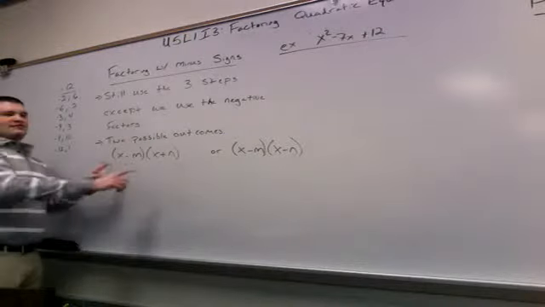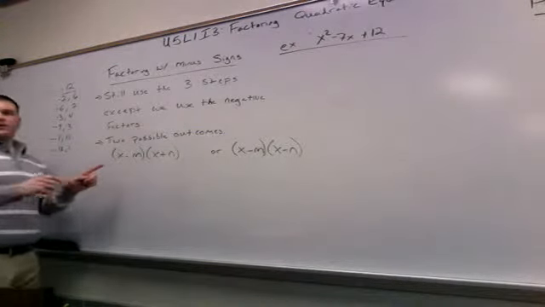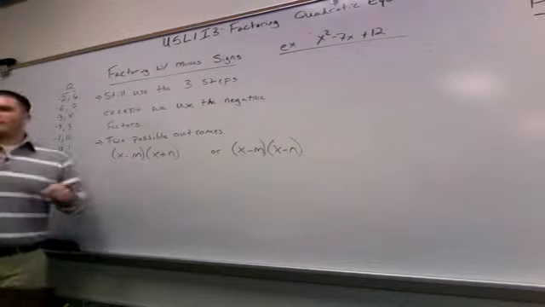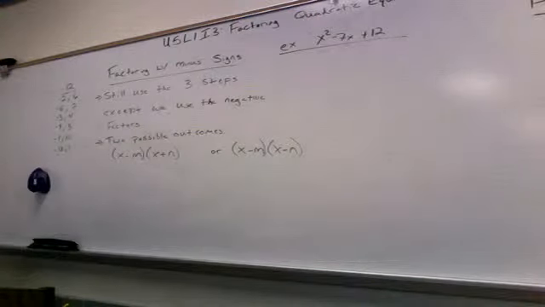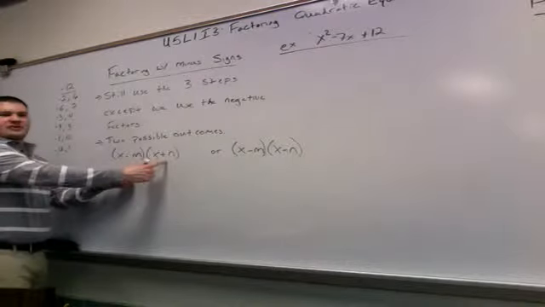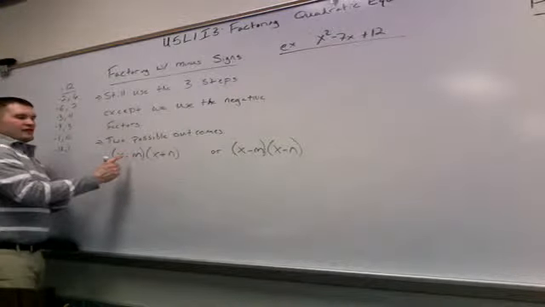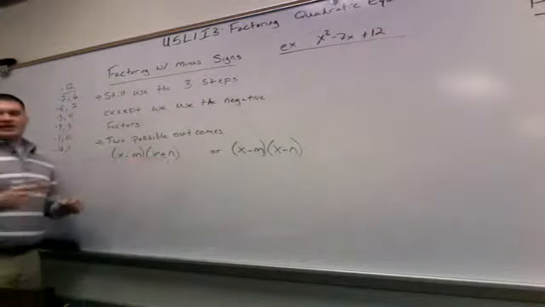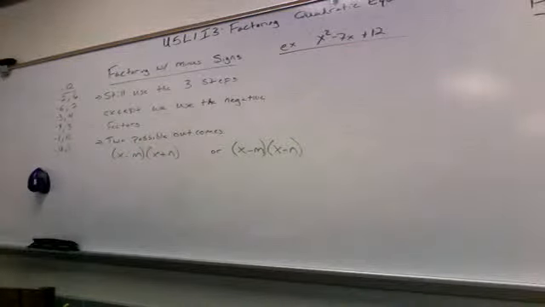Okay? M times n. If I were to FOIL this, m times n would give me what term? A, b, or c? C. It's going to give me my last term, my c term. If I have negative m times n, my c is always going to be what? Negative.